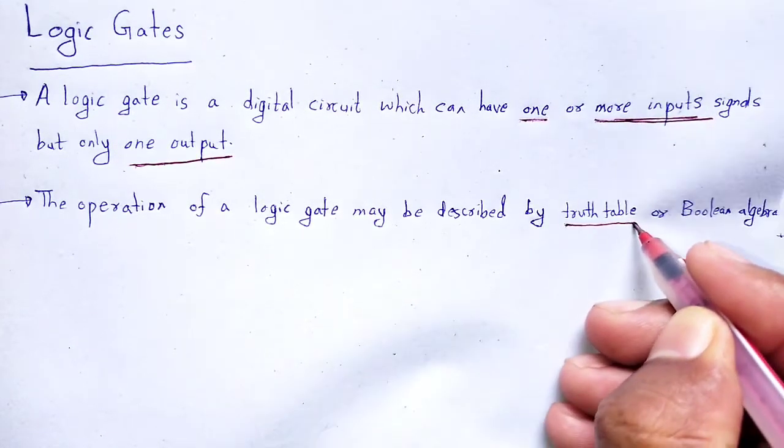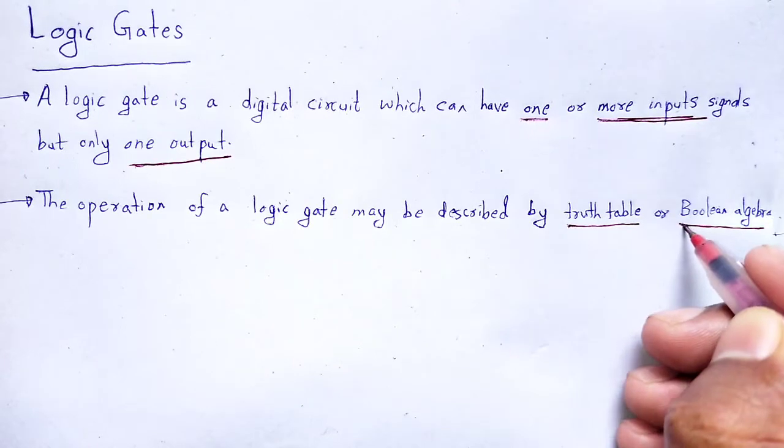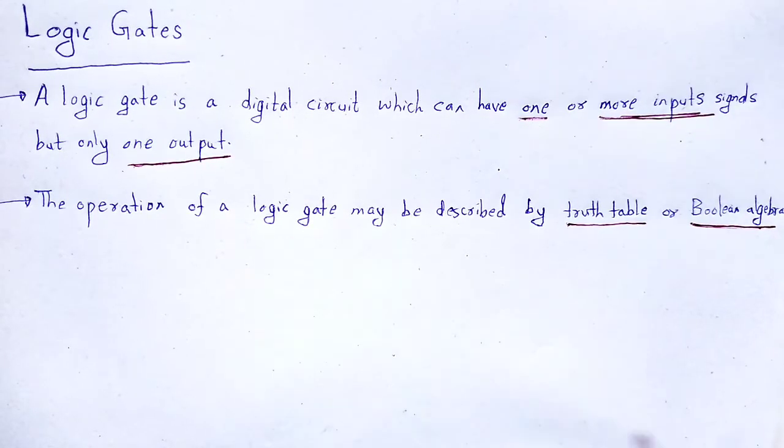What is a truth table and what is Boolean algebra?